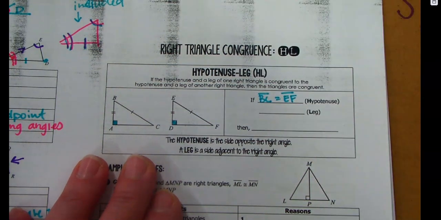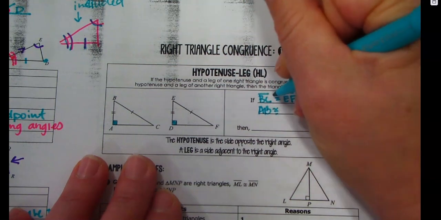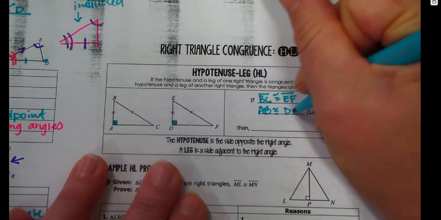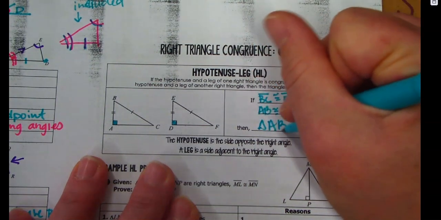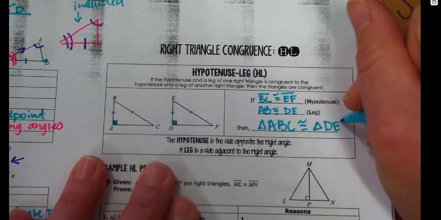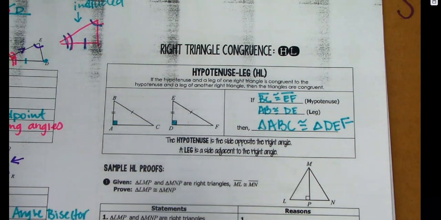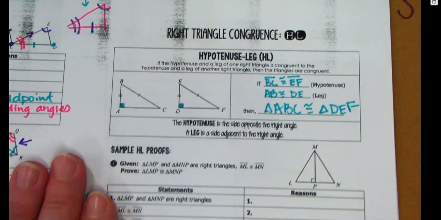And then any leg, so this one's AB, is congruent to DE. If that's the case, then you know triangle ABC is congruent to triangle DEF. This only works for hypotenuse of a right triangle, and the leg is anything other than the hypotenuse.